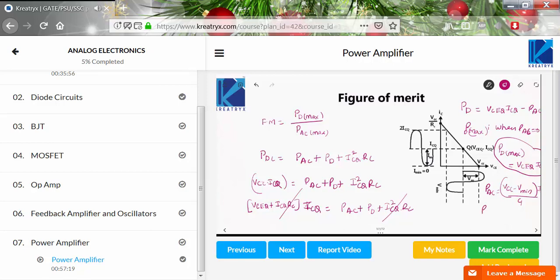Here the P_AC maximum is obtained when V_min is 0. Then P_AC is V_CC into I_CQ by 4. Now what is the figure of merit? P_D max is V_CQ into I_CQ, divided by P_AC, which is what actually?